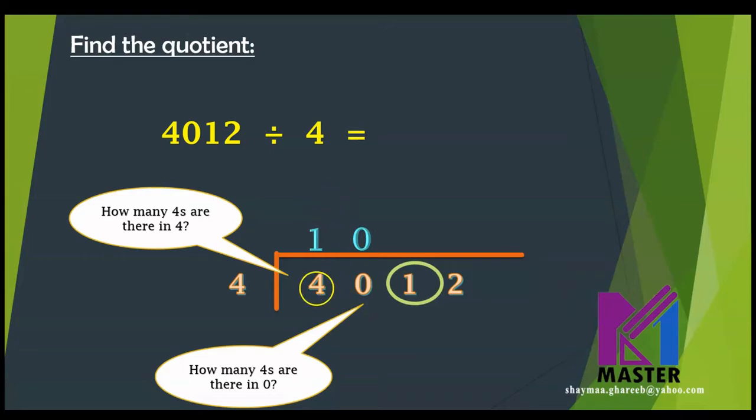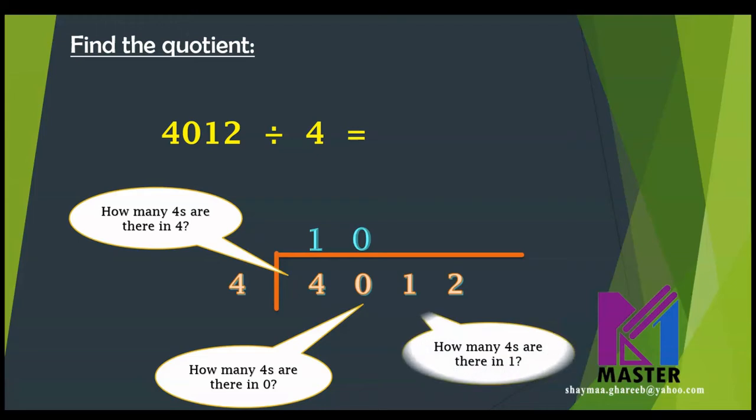1 divided by 4, which means how many 4's are there in the 1? Does the 1 have any 4s? Of course not, because the 4 is greater than the 1. So the answer will be also 0.